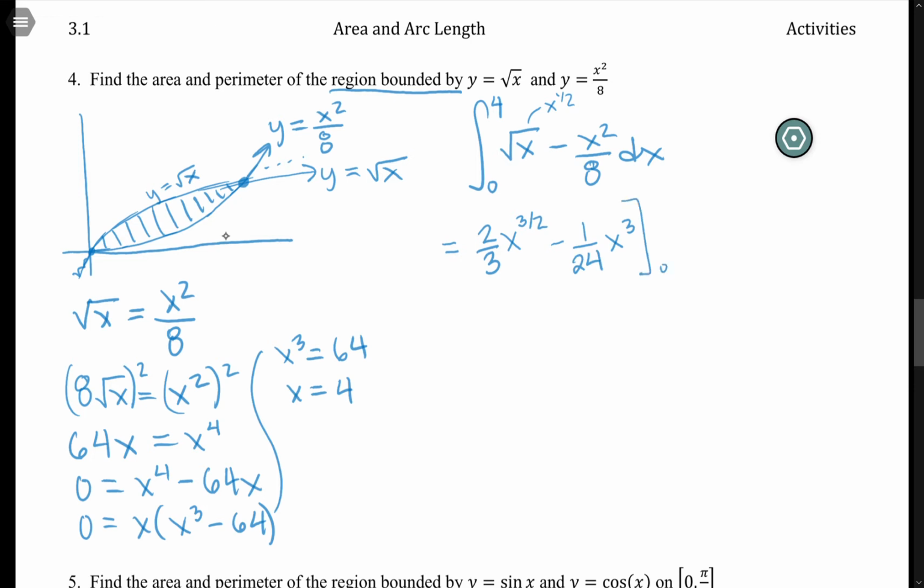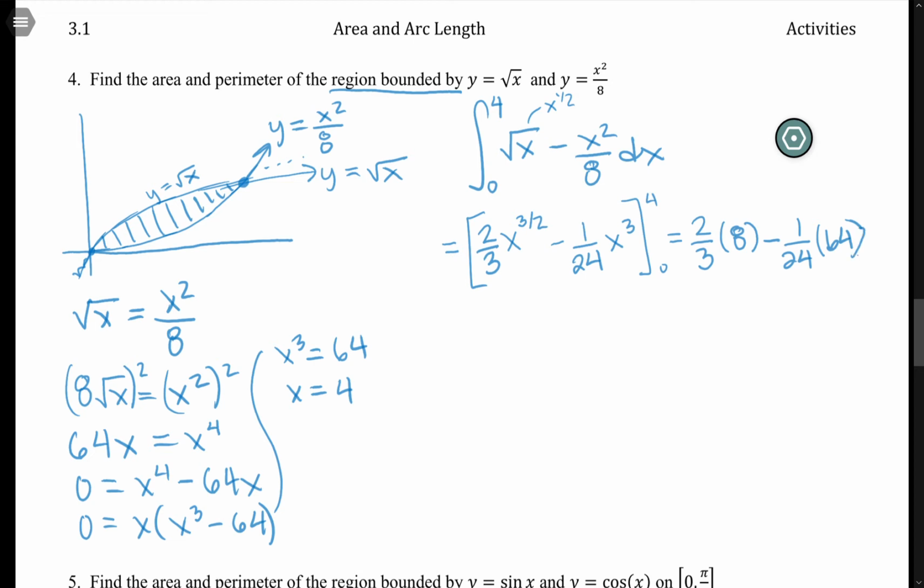And we're going to evaluate from 0 to 4. Plugging in 0 doesn't give us anything, but plugging in 4 gives us 2/3. Okay, so this 3/2 power means square root and then cubed. So the square root of 4 is 2. 2 cubed is 8. And then 1/24 of 4 cubed, which is back to that 64 that we had.